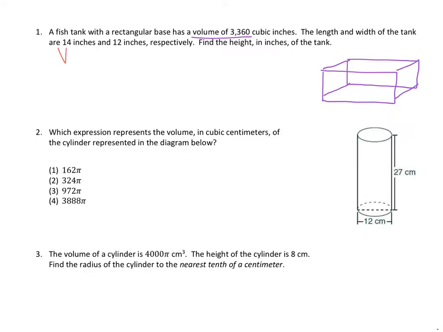So they tell us that the volume is equal to 3,360. They tell us the length is equal to 14 and the width is equal to 12. Our goal is to find the height. So I'm going to label this picture: length is 14, width is 12, and we're looking for the height. If you look at your reference sheet, you will not find a formula for a rectangular prism.